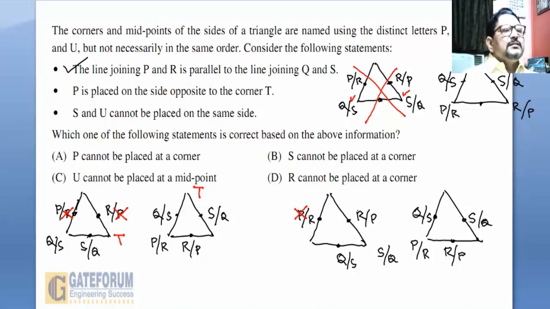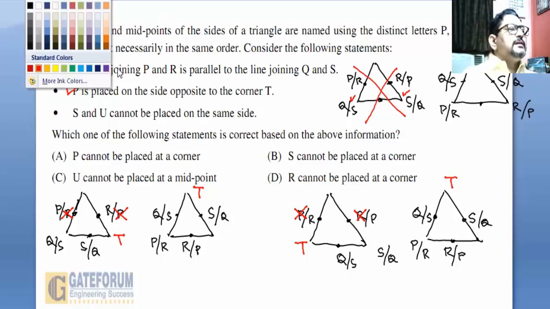So P can't be here, so R can't be here, so P is here, so opposite to P, this is T. And here, this is T. So the second point is perfectly fitting in. One got eliminated, the rest of them are there.